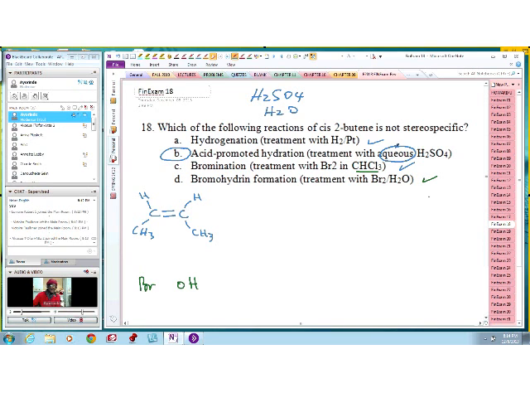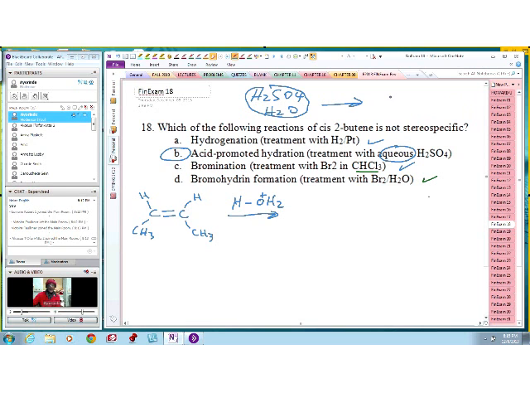Anytime you have sulfuric acid in water, indeed, any kind of acid in water, and you have a carbon-carbon double bond, most likely that reaction will go through the formation of a carbocation. Because the first thing that happens, you have a proton, say from the hydronium ion, because you have a dilute acid. This is your hydronium ion.